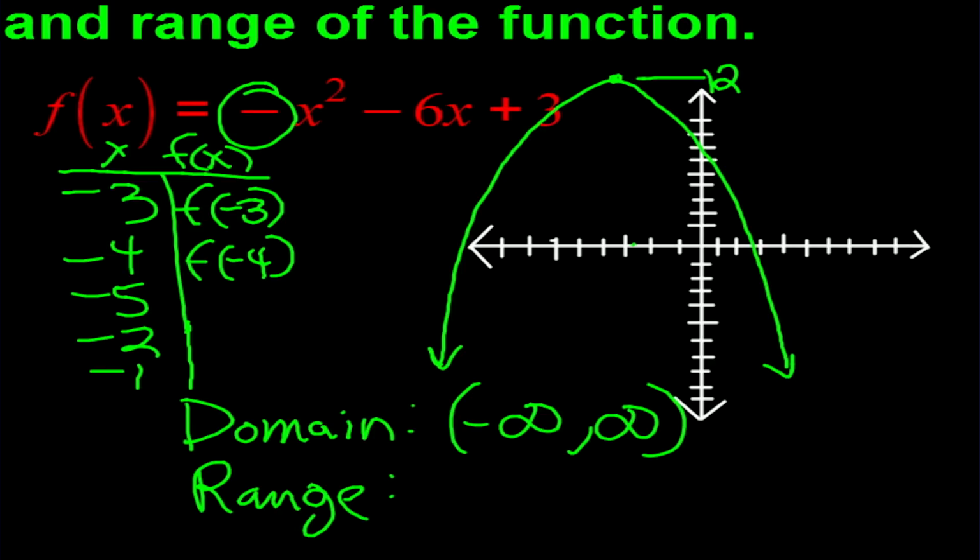And then if you notice, the parabola continues to go down on both sides, and it goes down infinitely. So since I can name this point, I put a bracket, and it's at 12, and it goes all the way down infinitely. So that's a negative direction, so we call that negative infinity. So the range in this case, the y values, are from negative infinity up to 12.